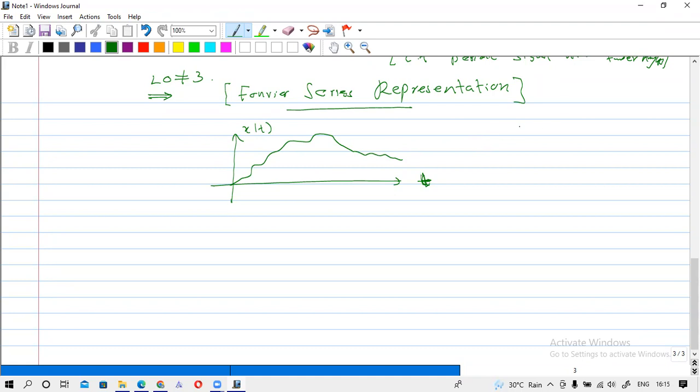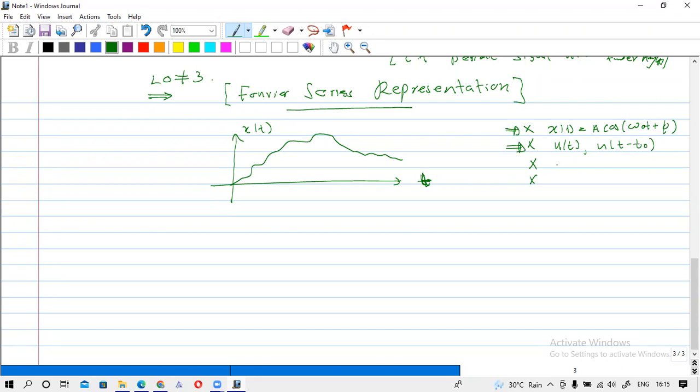We have learned about 4 basic functions. Can you remember? One is the sinusoidal function, a cos omega naught t plus phi. This is a sinusoidal signal. We have also learned about the unit step signal and the shifted unit step signal. I hope you can remember these things.